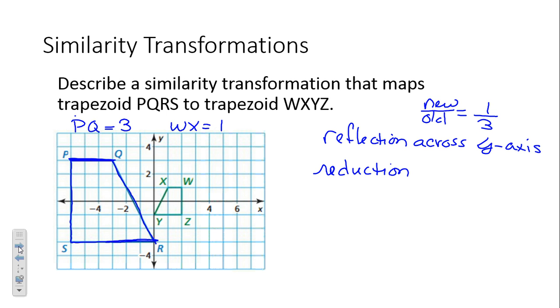So you can say reduction K equals 1/3. Or you can write it in the way that your worksheet does. You can say that x, y is being mapped to 1/3 x, 1/3 y. Either one's fine.